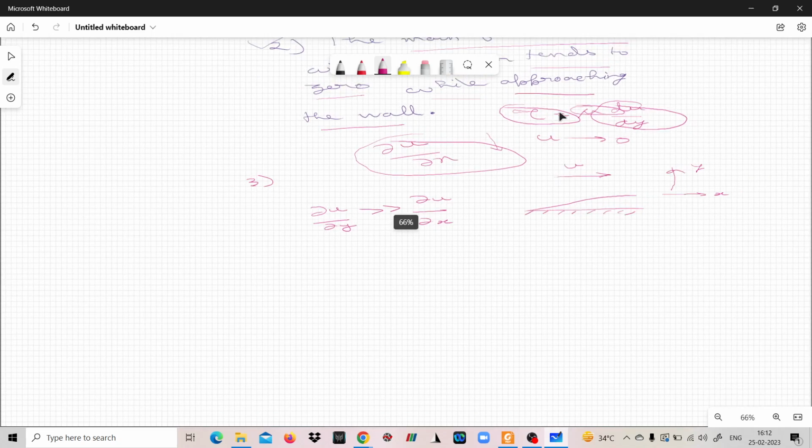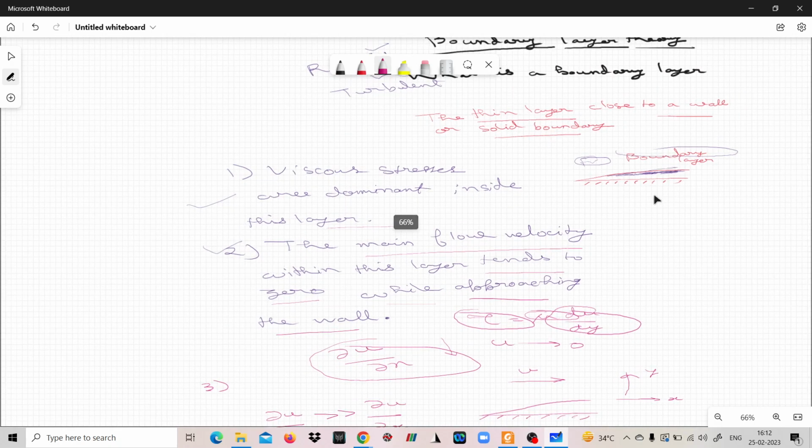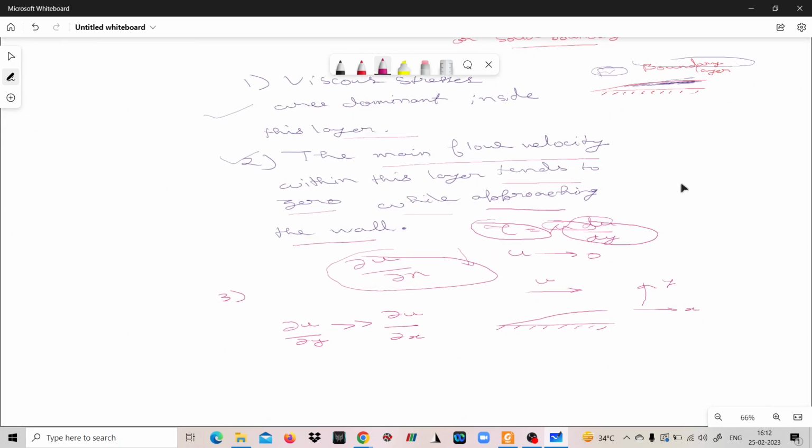I hope till here it is clear, because these are very important and fundamental concepts, easy to understand but very important. Next, what are the boundary layer equations? What are the governing equations for boundary layer flow?